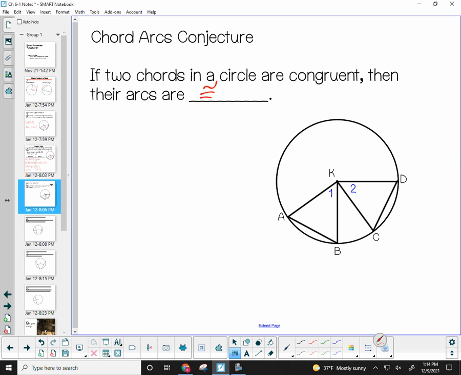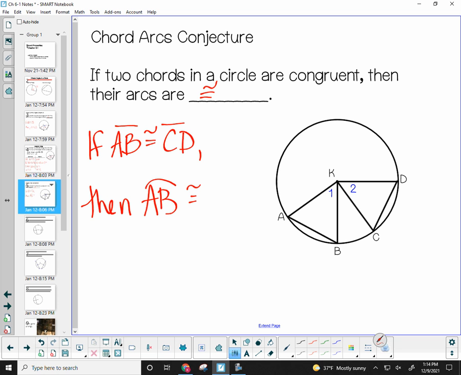In our case, if segment AB is congruent to segment CD, then we're saying that arc AB has to be congruent to arc CD. So if the chords are congruent, then the arcs have to be congruent.